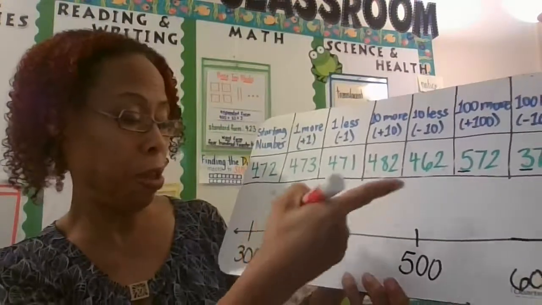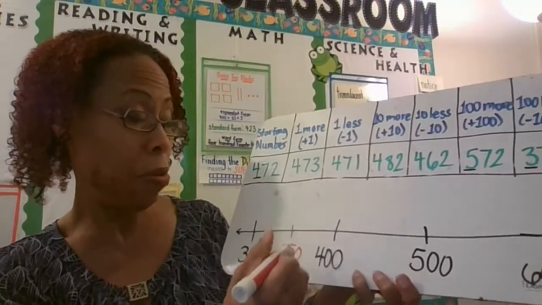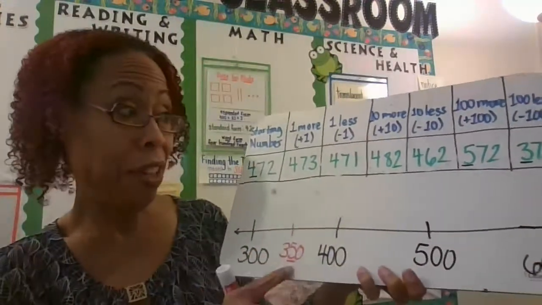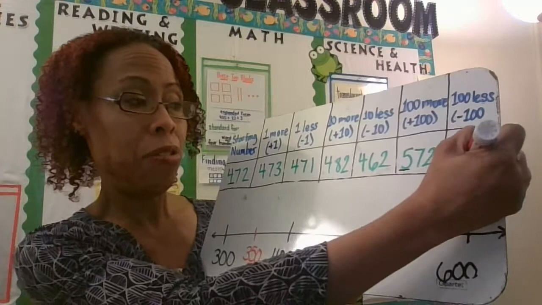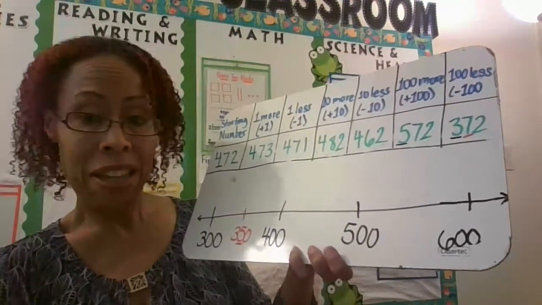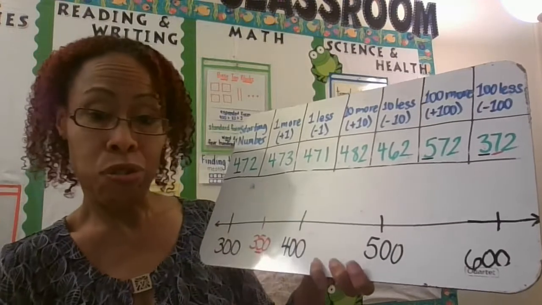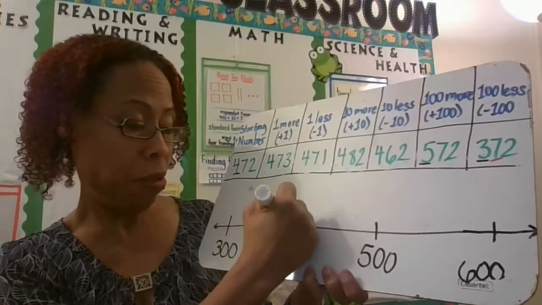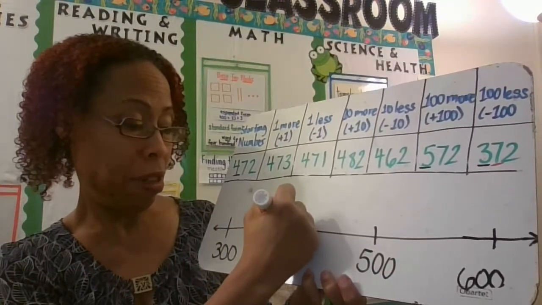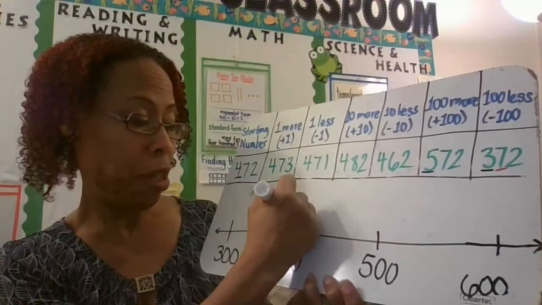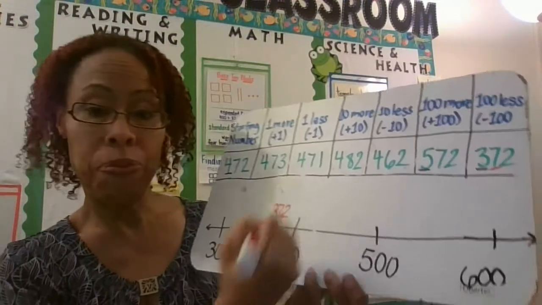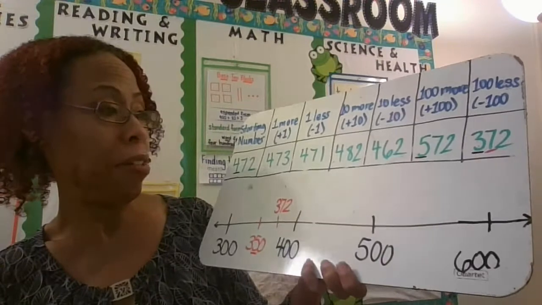It helps us to know where to place the number. So we know that if 350 has 5 tens and 372 has 7 tens, that has more tens and therefore is closer to 400. So we're going to put it right about here, 372. Okay. All right, so that's the first number.